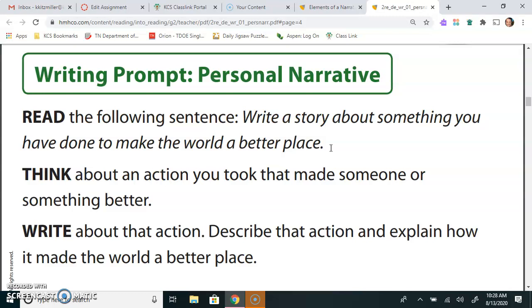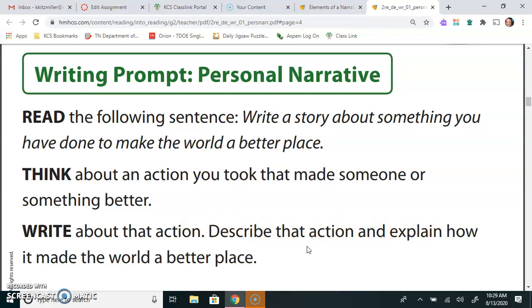I'm going to write about a time when I made the world a better place, and you are going to write about a time when you made the world a better place. You want to think about an action that you took that made someone or something better. You're going to write about that action, describe it, and explain how it made the world a better place.